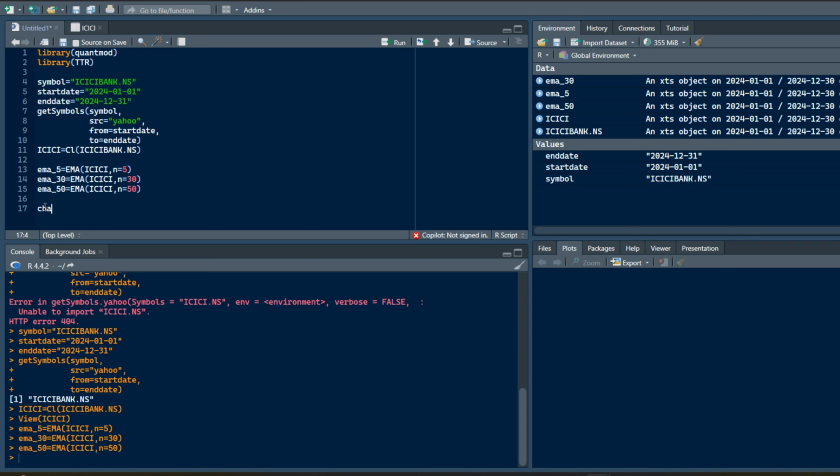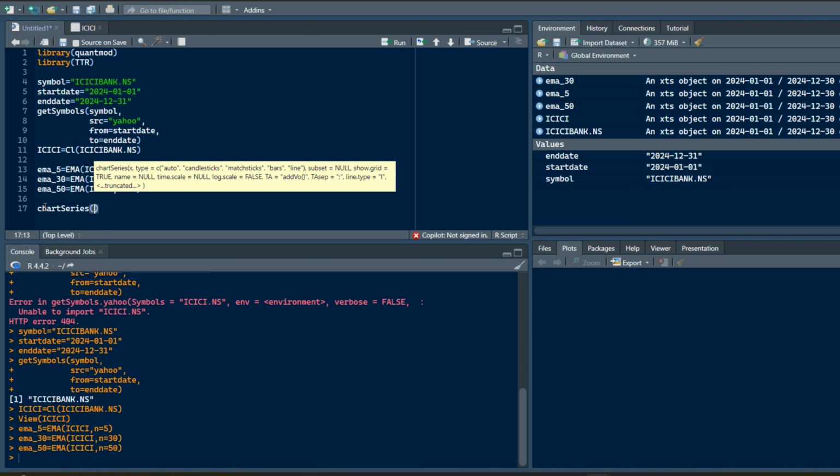So for this we are using chartSeries from the quantmod package. S is capital here in chartSeries. So chartSeries, first we are going to plot ICICI, comma, the name equal to, that is the title of the chart, ICICI with 5, 30 and 50-day EMAs.